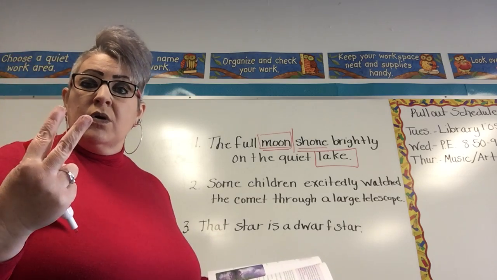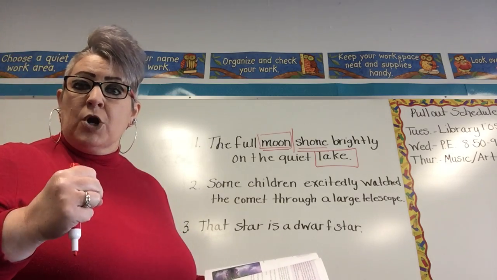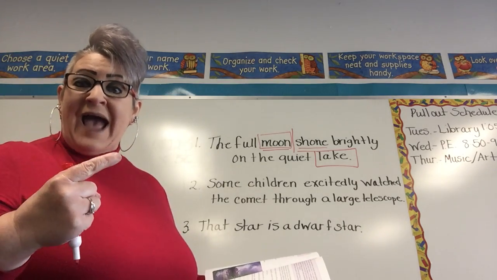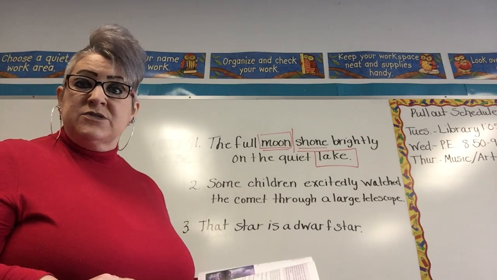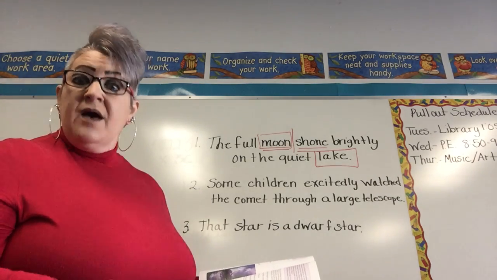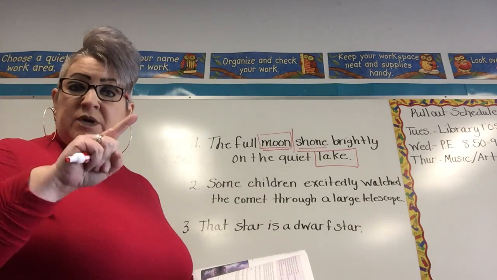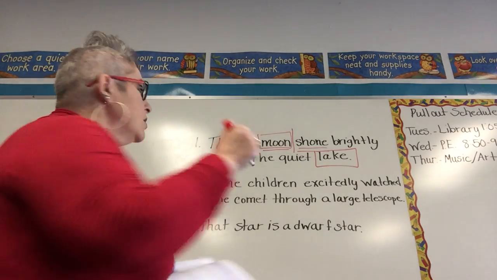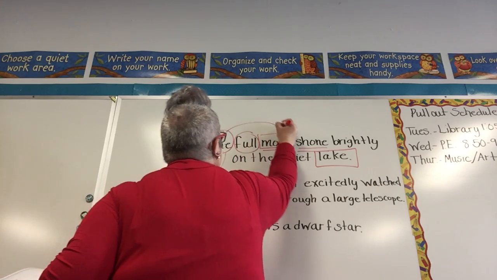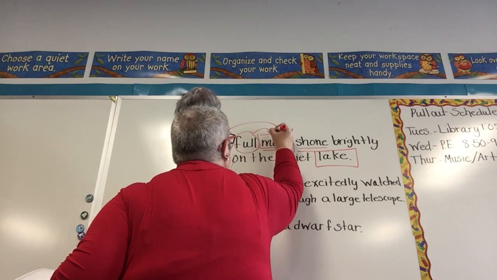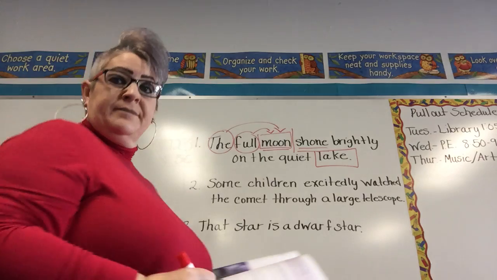The full. Boys and girls, remember, the is an adjective. Some of you forgot to circle the on your papers last week as an adjective. The is an adjective. So we're going to circle the and full, and we're going to draw an arrow from both of those words over to the moon.